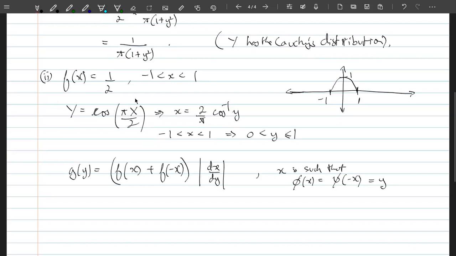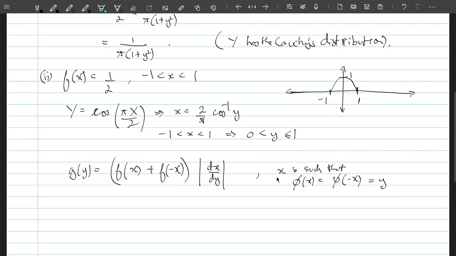So remember, this is a non-monotonic function, and in this particular case, it is symmetric about the y-axis. So phi of x and phi of minus x both will be equal to the same value, because it's actually an even function here. So when you take inverse, as we did in the general case of the theorem, we won't get one value but two values. So x and minus x are the two different inverses of y.